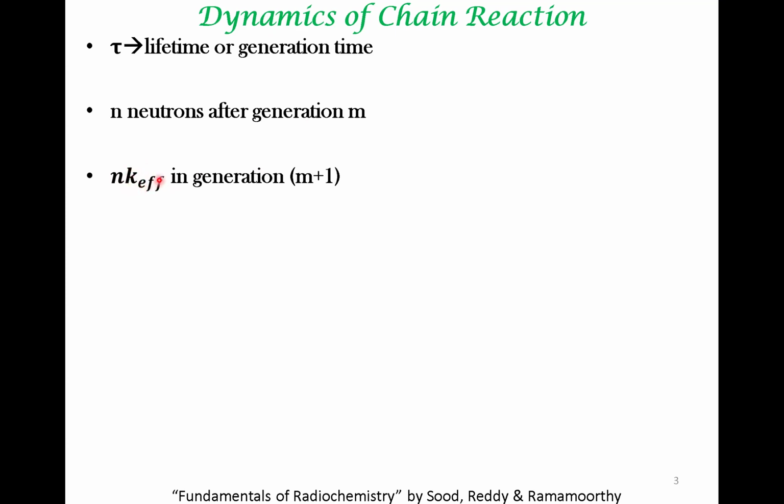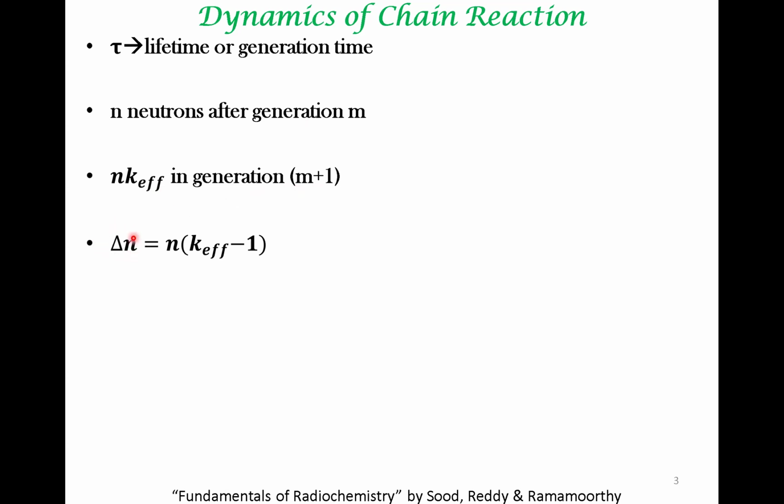This has to be greater than 1 if you want to sustain the chain reaction. If it is less than 1, you are having fewer neutrons than what you are using up. If K effective is more than 1, you are generating more neutrons than what you are using. So n times K effective is the amount of neutrons available after m plus 1 generation.